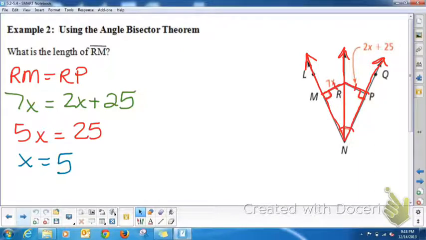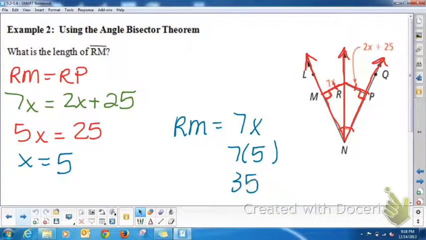We can substitute that value in to find the length of RM. If RM was equal to 7x, then 7 times 5 is going to be 35. RM equals 35. And we could substitute the value of x in to RP to make sure that we're correct. 2 times 5 is 10 plus 25, so RP is also 35. Both of these segments measure 35 units.